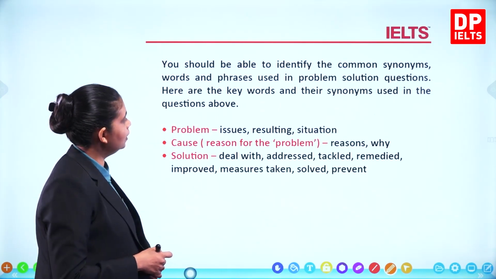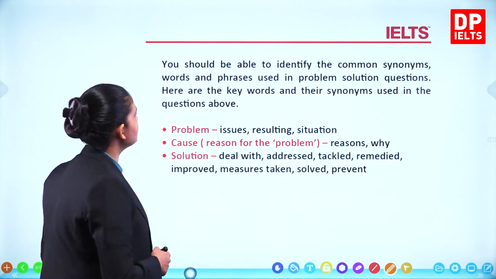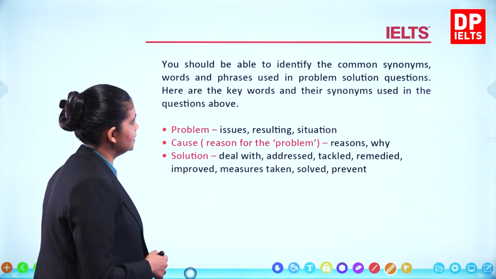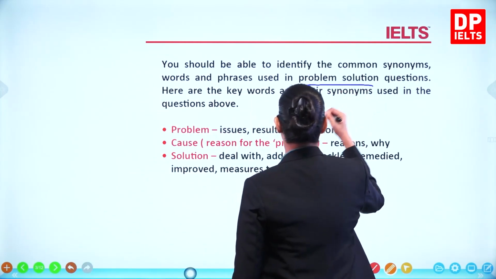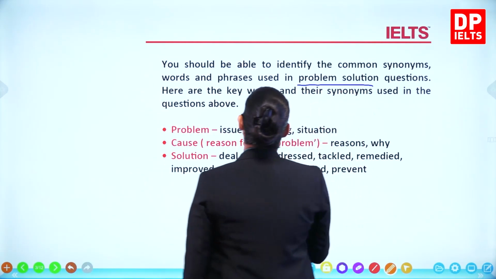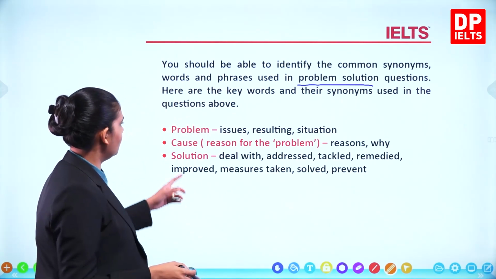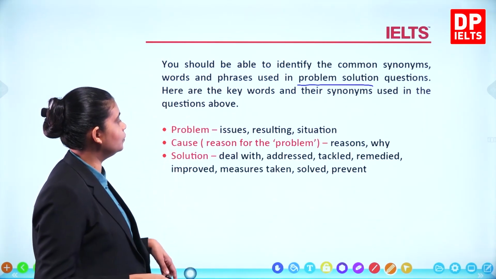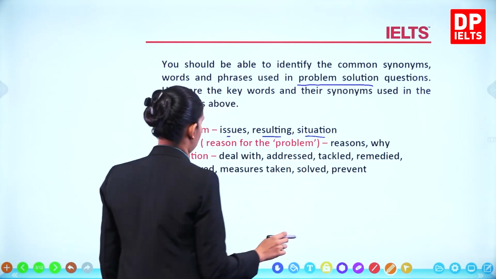So here what you should be doing is identify the common synonym words and phrases used in the problem solution questions. Here are some of the key words and their synonyms used. For problem they could use issue, resulting or situation.